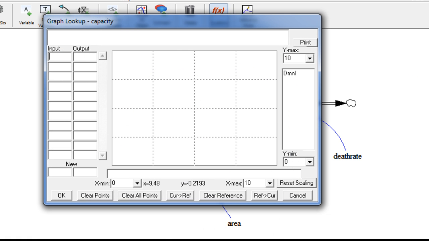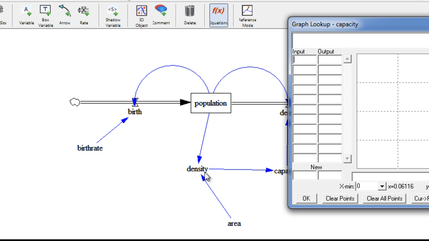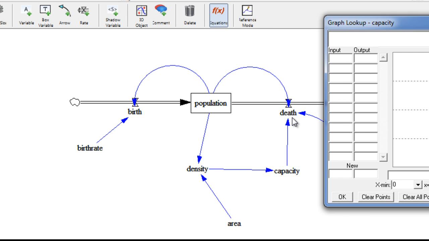Click as a graph over here. Now this one is input, this one is output. The input is the value of the density, while the output is how much the people will die, giving the output to the death over here.